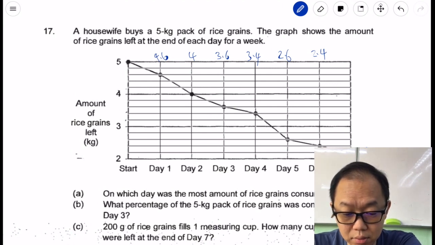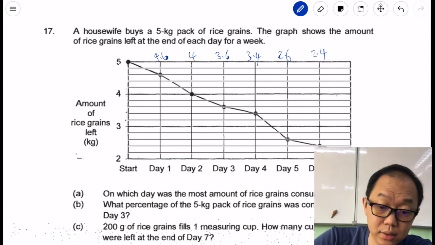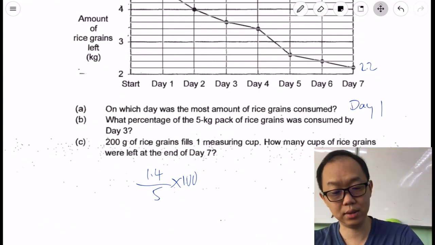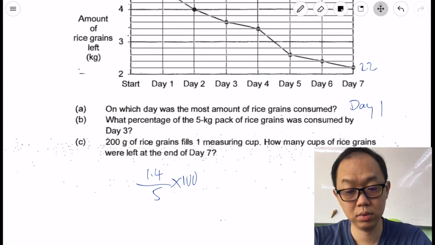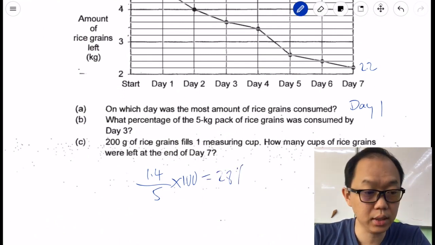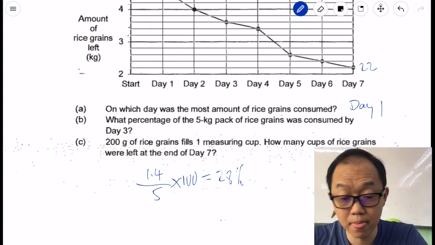By day 3, so day 1, day 2, day 3. That means until 3.6. So consume the 1.4 divided by 5 times 100%. Okay, 28%. Okay, so consume 28%.